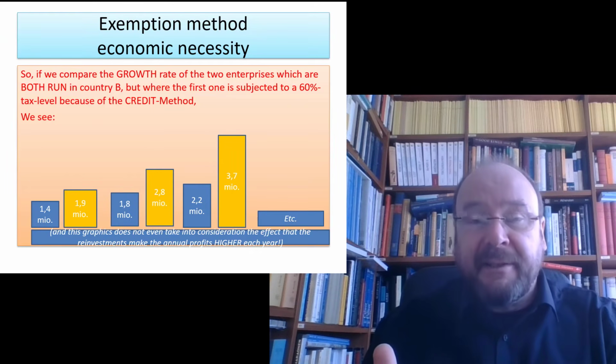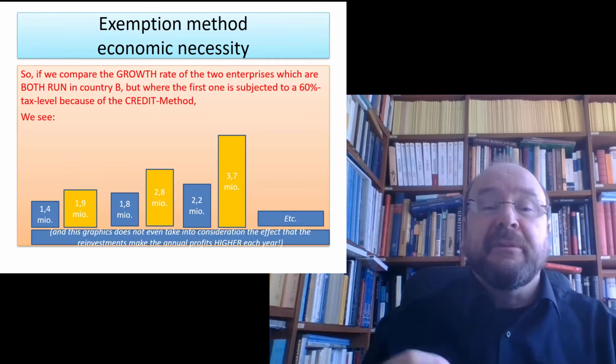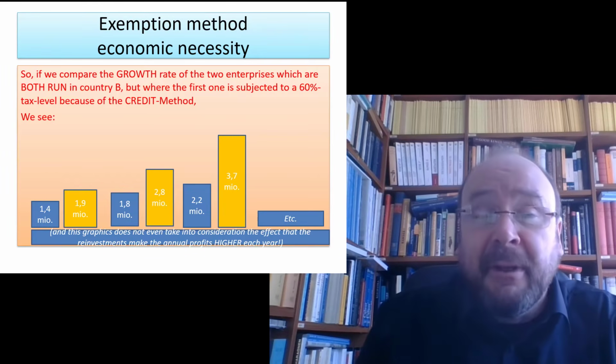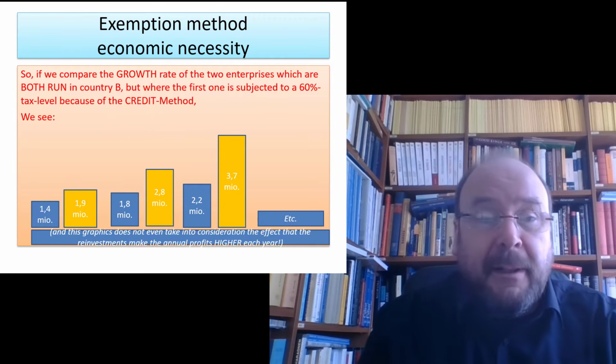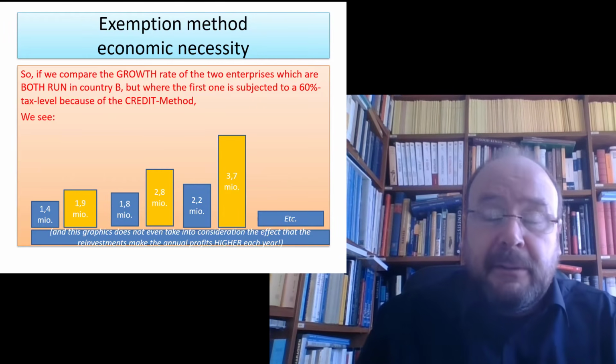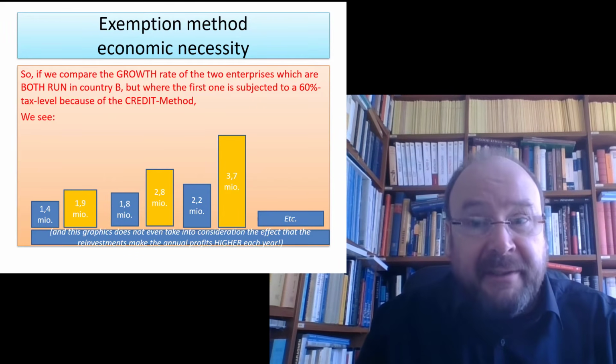And that's a bad idea. Just to say we want to remove double taxation so that our people can enter the foreign market. Well, okay, and then our system programs that they will die there in the competition with their local competitors.